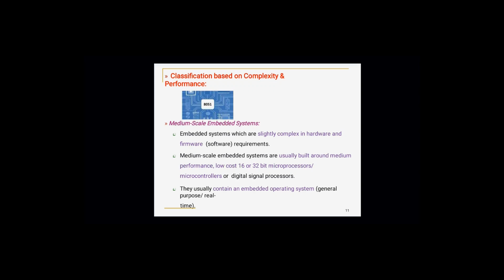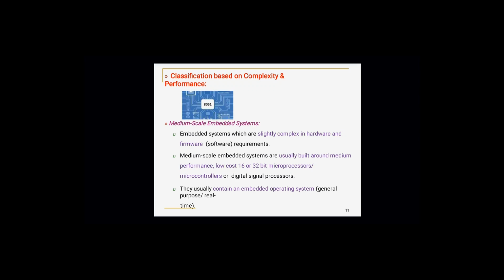But consider an embedded system in a hospital, a blood pressure checking system. If it fails, it can give wrong readings, then the medication may be different and it may harm a person. It is critical. So small scale embedded systems do not have a critical purpose.